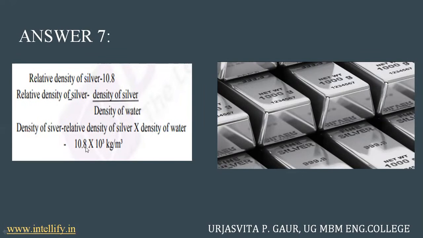So this makes it 10.8 into 10 to the power 3 kg per meter cube. The only thing that you need to remember is the formula of relative density, which is the density of that particular object whose relative density is given to us divided by the density of water, which is always fixed. That is 10 to the power 3 kg per meter cube.